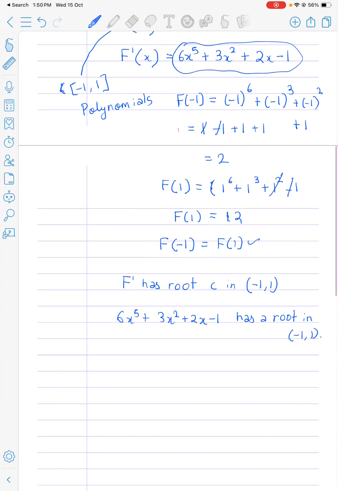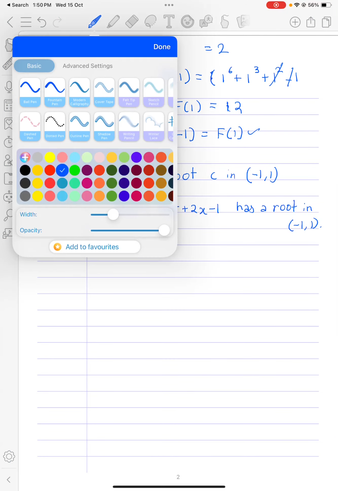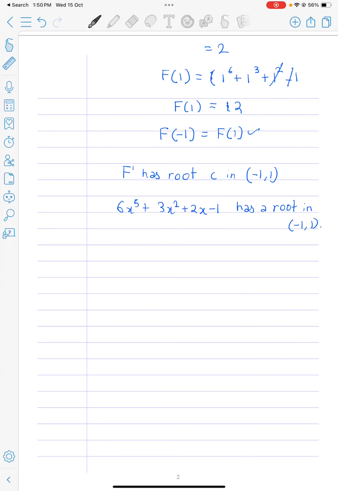So this question asks us to show that f(x) is equal to 3x plus x^3, whose domain is given as all of R, has no extremum points.